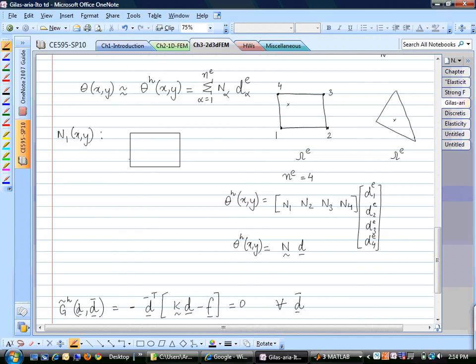The shape function at the value 1, I'm not sure how to draw this, but okay, so let's say that we are looking at this element from an angle, and the shape function for this first node looks something like this.